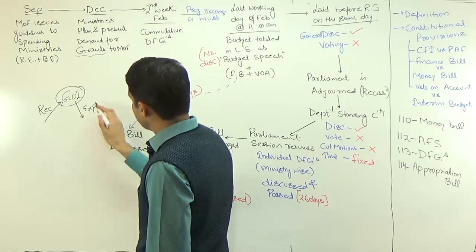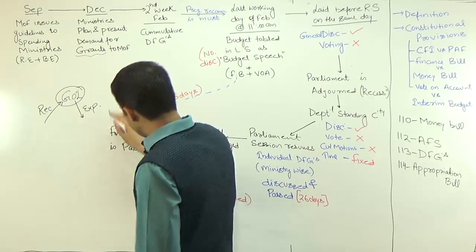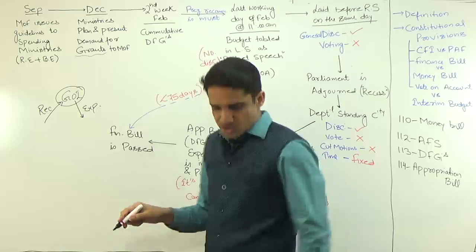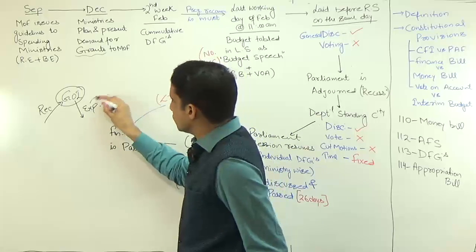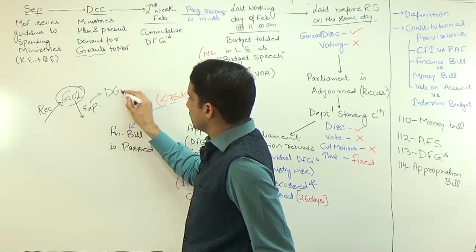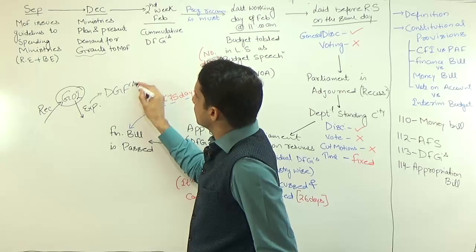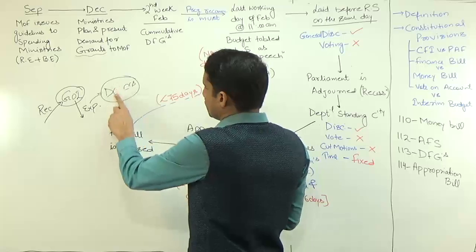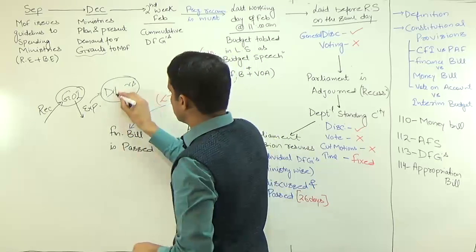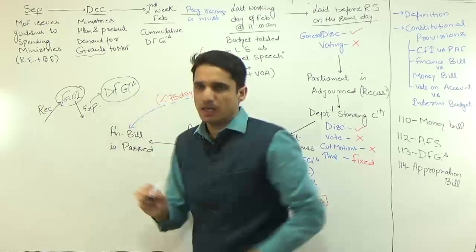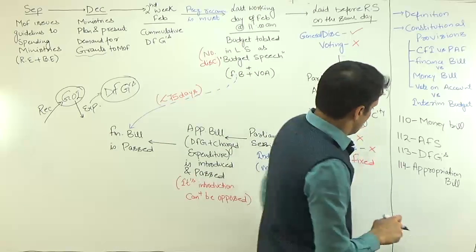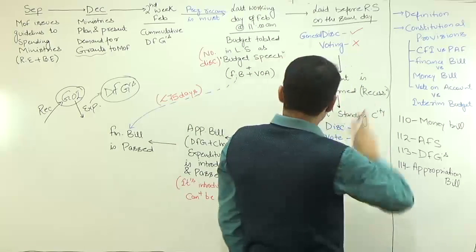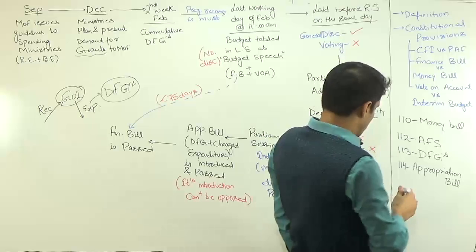The appropriation bill is related to the expenditure part. So what is the expenditure part going to constitute? It is going to constitute the demand for grants only. So the demand for grants is related to the appropriation bill. In detail we'll discuss, while we discuss how the budget is formulated.